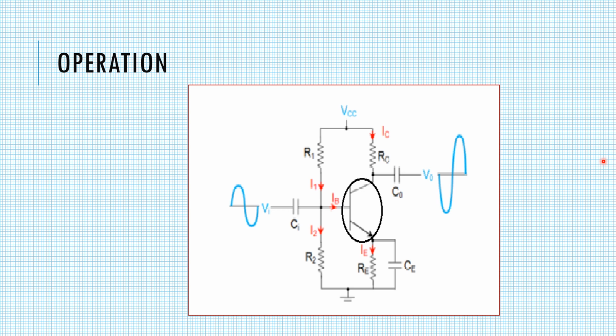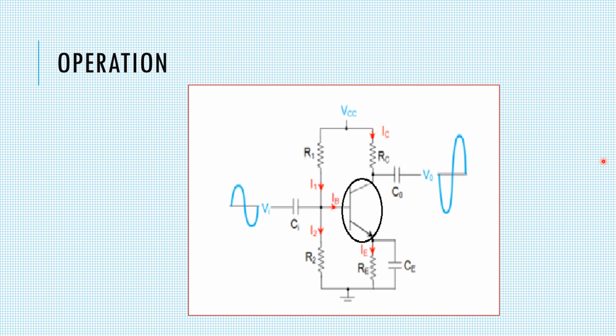This transistor can work as an amplifier only when the transistor works in the active region, which lies between the saturation and cutoff regions. So let us see how the operation of this CE amplifier is done.